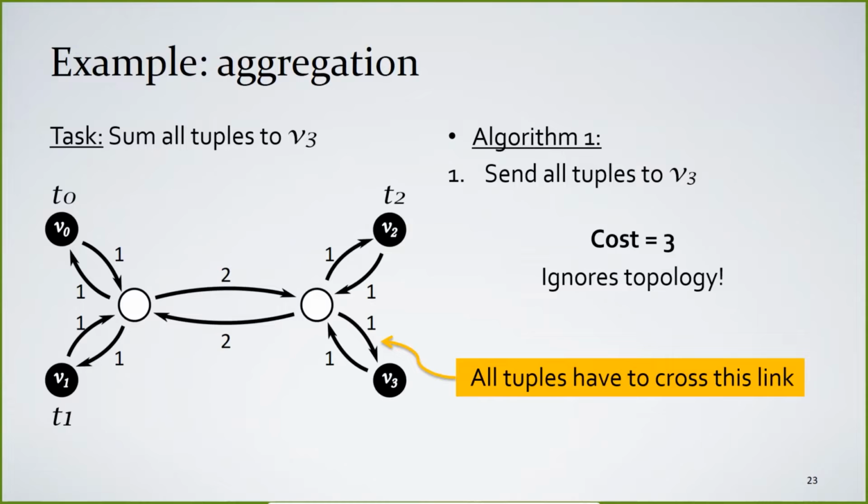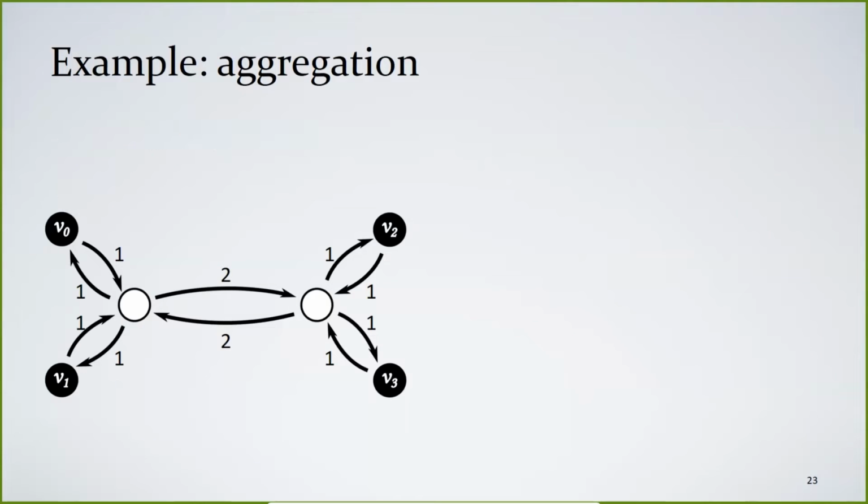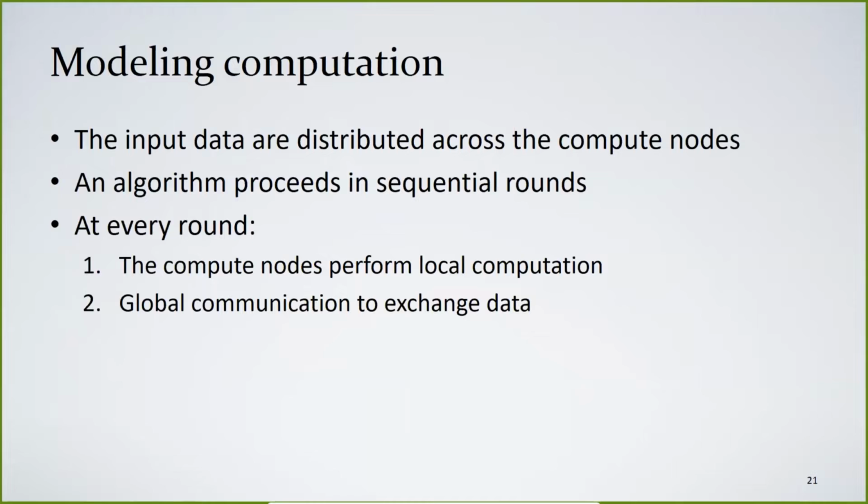But if everybody sends, and you can map the flows here, the issue will be crossing this link. It only has a capacity of 1, yet I have to transmit 3 items, T0, T1, T2. Hence, that is the bottleneck link. Going back to my cost model in the previous slide, this is quite slow indeed.